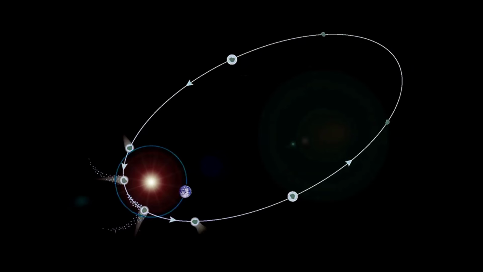But as they get near the sun, their volatile compounds, like gases of water, ammonia, methane, and so on, begin to sublimate. They go directly from a solid to a gas, and they form a very tenuous atmosphere around the comet. But as they get closer to the sun, this coma, as we call it, begins to get pushed back by the pressure of sunlight and the solar wind, and they form a tail.